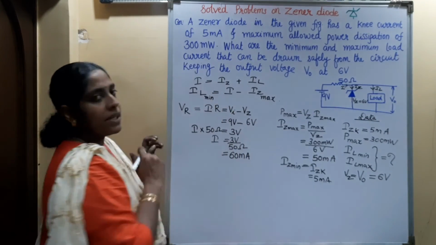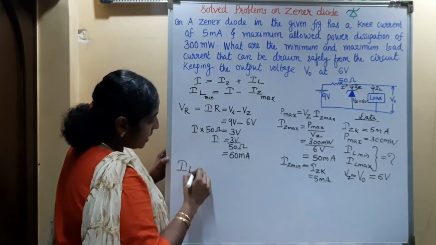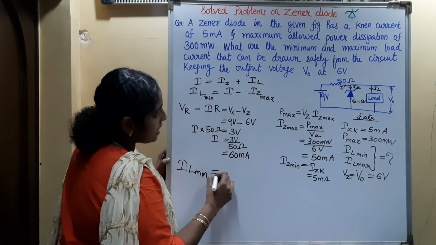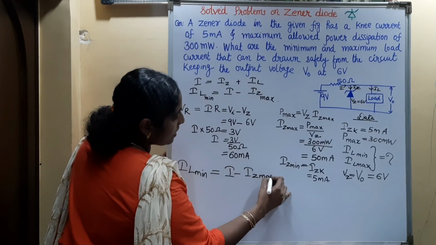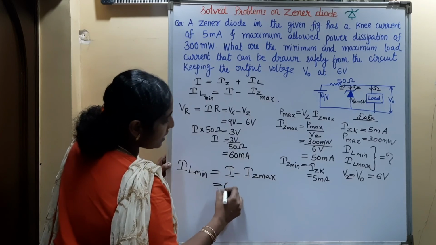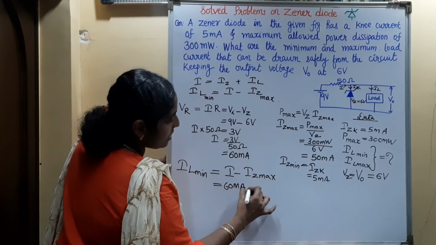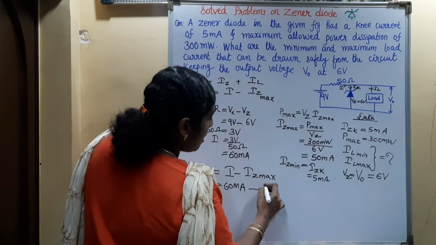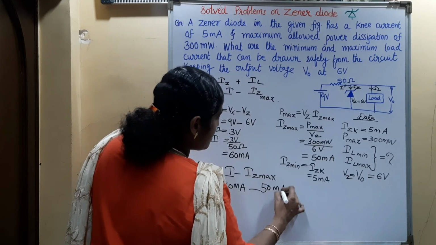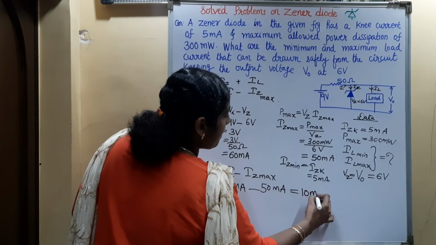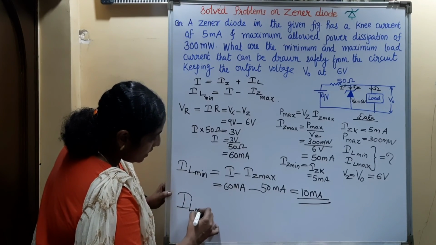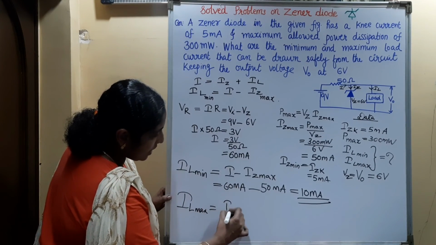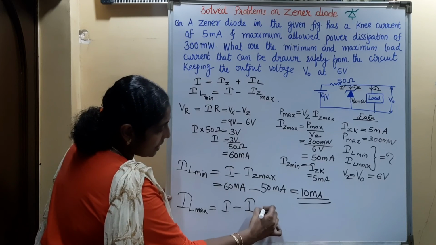So what will be the minimum value of load current? The minimum value of load current is equal to I minus IZ maximum, that is 60 milliampere minus 50 milliampere, which is equal to 10 milliampere. The maximum load current is equal to I minus IZ minimum.